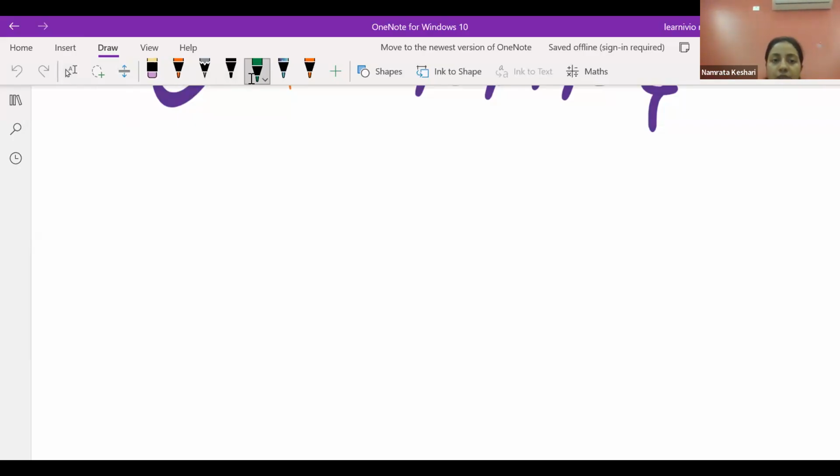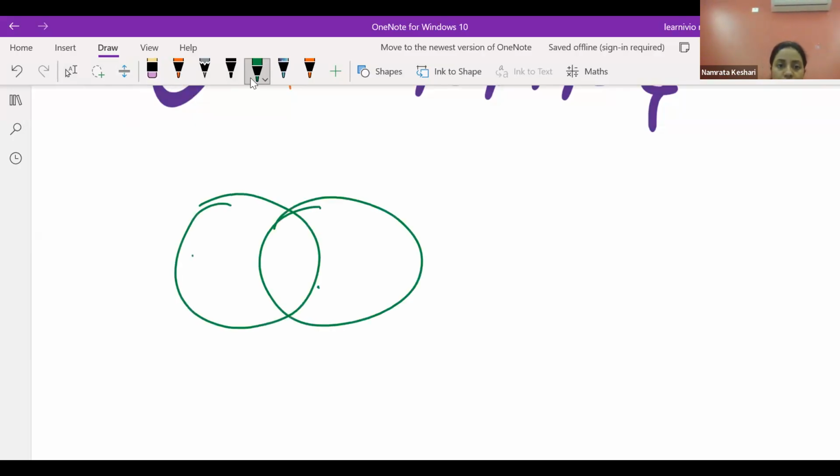Manvi, have you seen this type of question where you have three circles, and the common part between A and B is given, then between B and C, then between C and A, and then the common part of all three is also given?